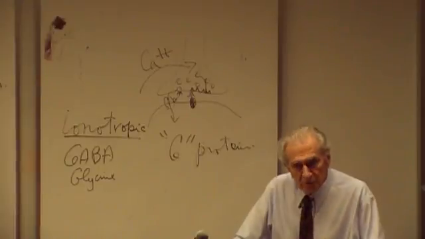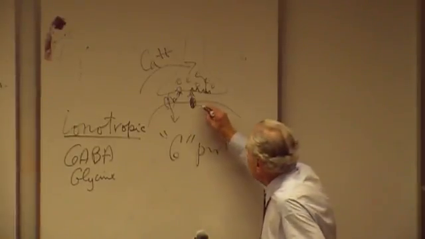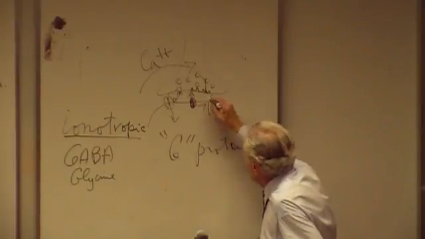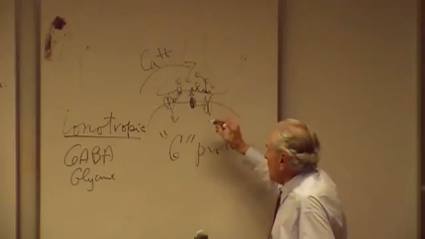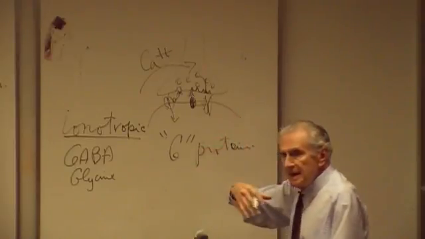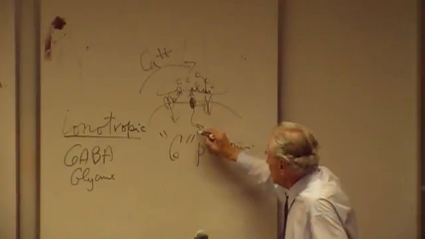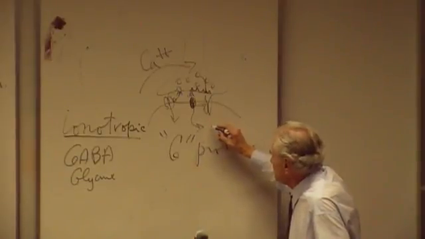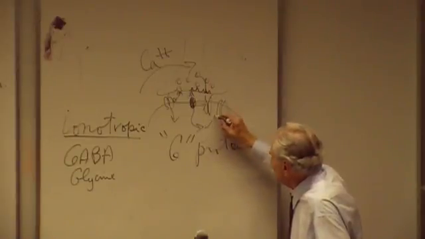And then the G protein itself may either work directly on an adjacent channel or in a more complicated cascade may work on a number of kinases which eventually work on adjacent channels.